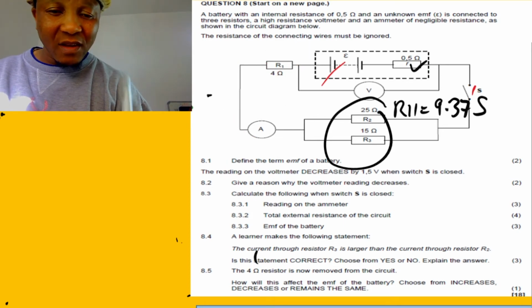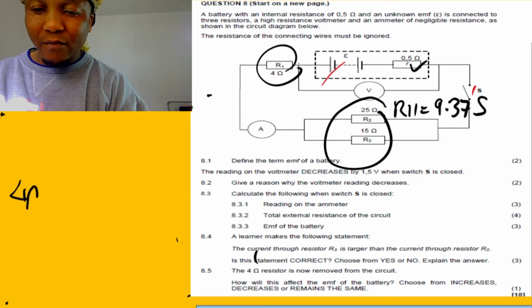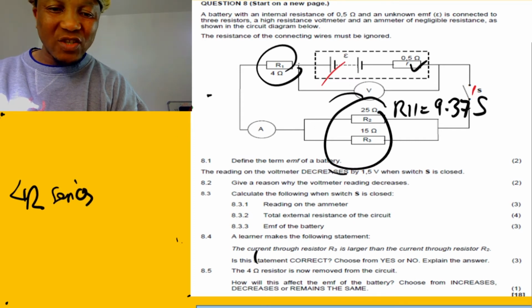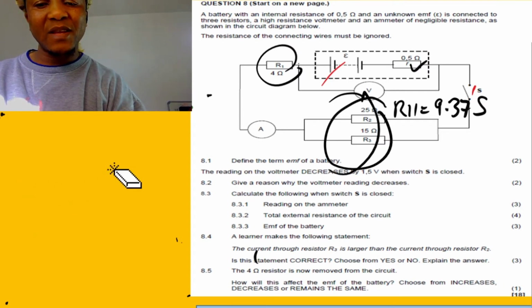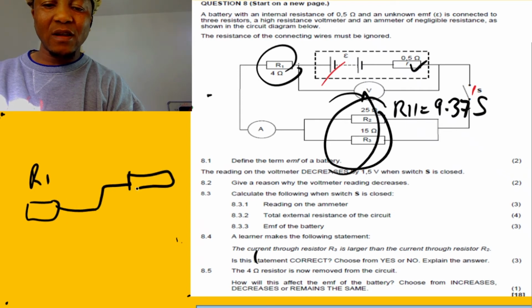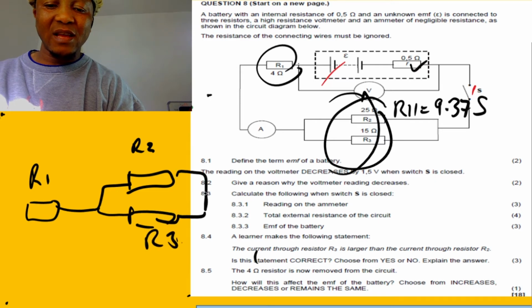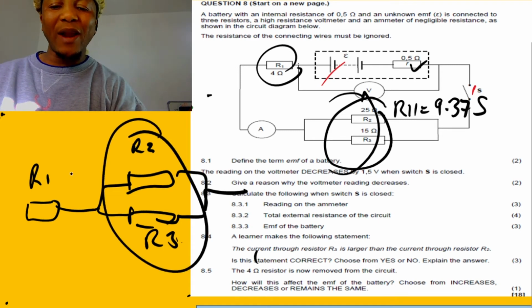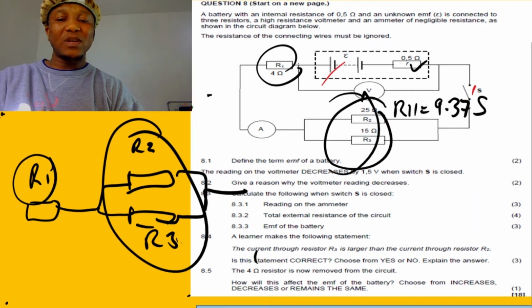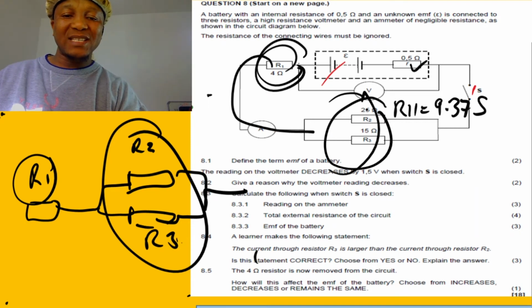Now, look, this one, which is 4 ohm, is in series with these two, which we got as 9.375. Resistor 1 is in series with these two resistors, resistor 2 and resistor 3. If you straighten this diagram, this one I have equal to 9.375. I'm going to add it with the resistor which is 4, because this is in series with that.